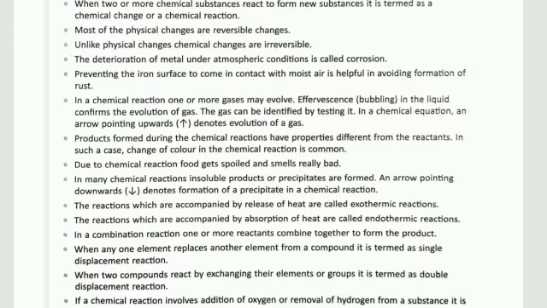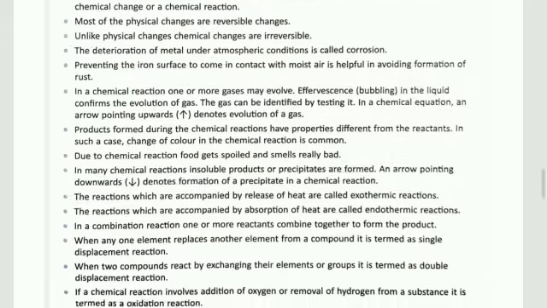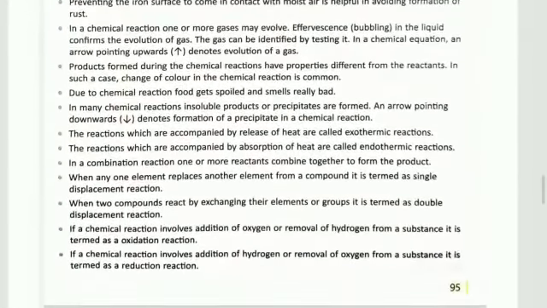Due to chemical reaction, food gets spoiled and smells really bad. In many chemical reactions, precipitates are formed. Downward arrow means precipitation. Reactions which are accompanied by release of heat are called exothermic. Reactions accompanied by absorption of heat are endothermic.